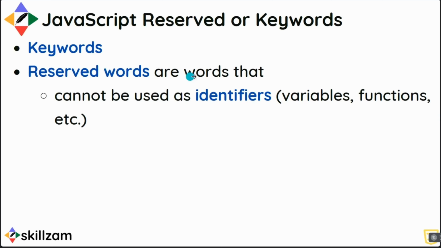Now, reserved words are the words that cannot be used as an identifier. Now we saw keywords. There is a slight difference here. I'll come to a final statement there which makes sense then.